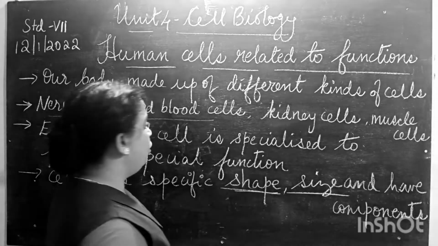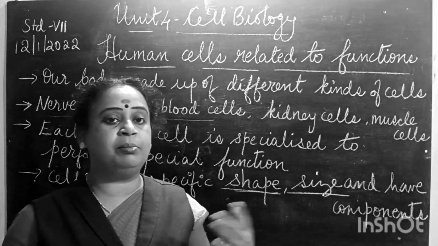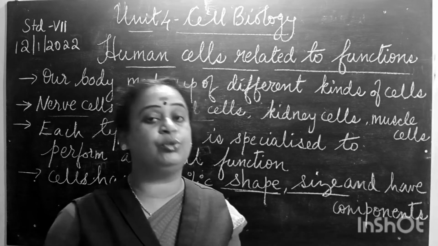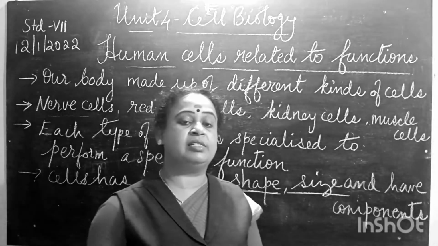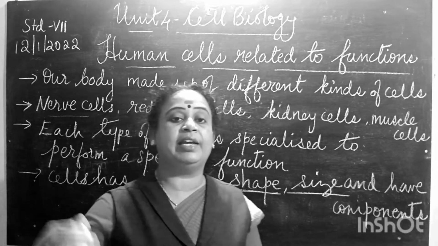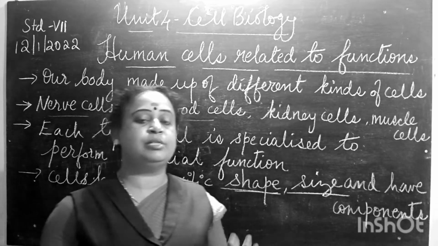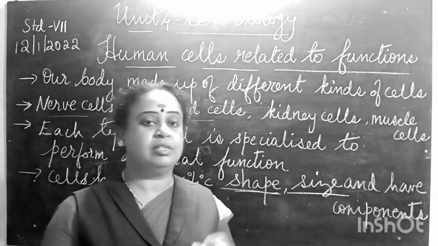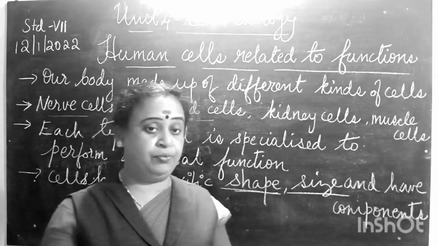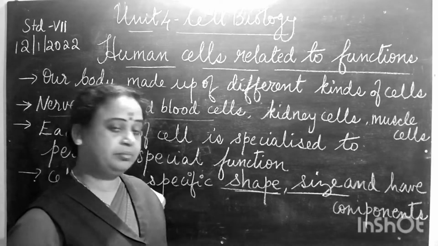So in all these cells, there may be the same components, or sometimes there may be different components too. Okay, so regarding the components present inside the cell, we will see that in later classes. For now, understand that cells do their specific function depending upon the size of the cell, shape of the cell, and the components present inside the cell.